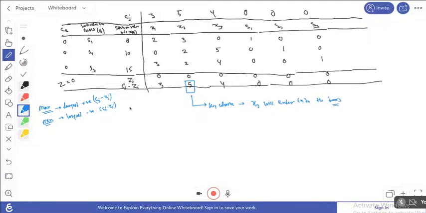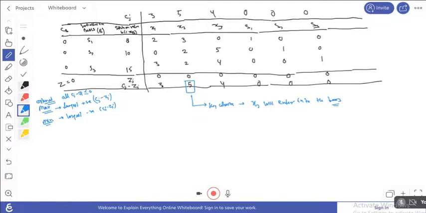This is feasible when this is greater than 0, and it is optimal when all Cj minus Zj is less than or equal to 0. In a maximization case, when do we get the optimum solution? When all Cj minus Zj is less than or equal to 0. But here all Cj minus Zj is not less than or equal to 0, so this is not your optimal solution.